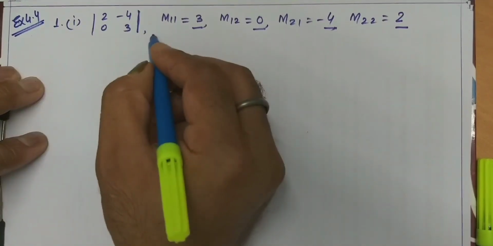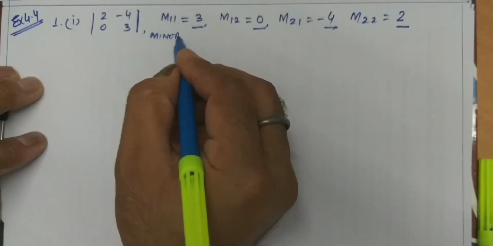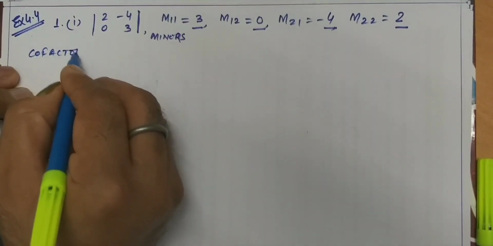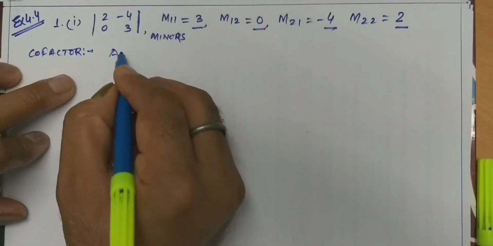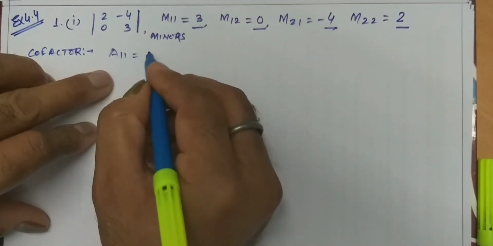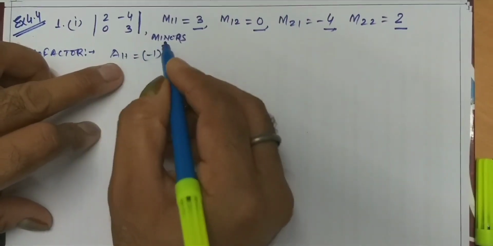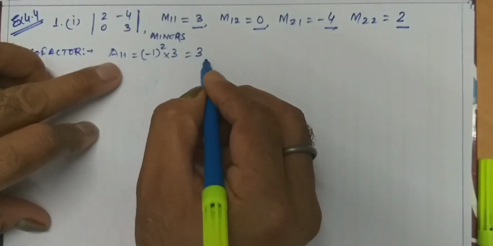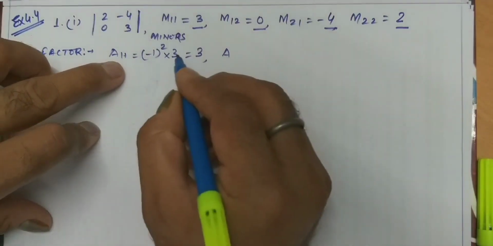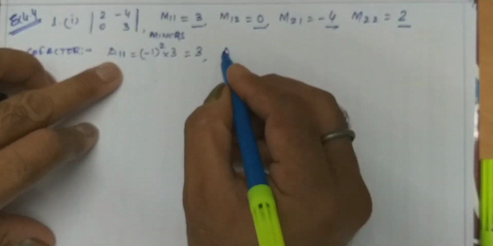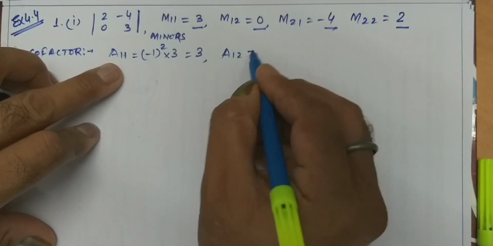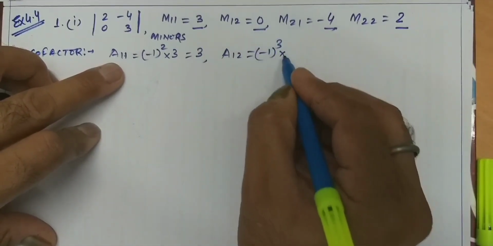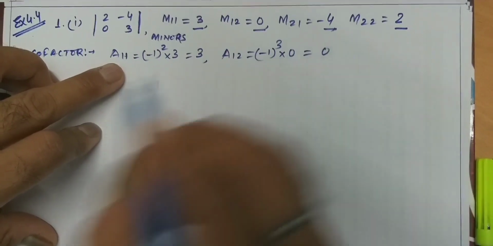Now cofactors. A11: minus 1 to the power 1 plus 1, which is 2, into the minor, which is 3, so it is 3. A12 is equal to minus 1 to the power 3, into 0, so there is nothing to worry about, it is 0.